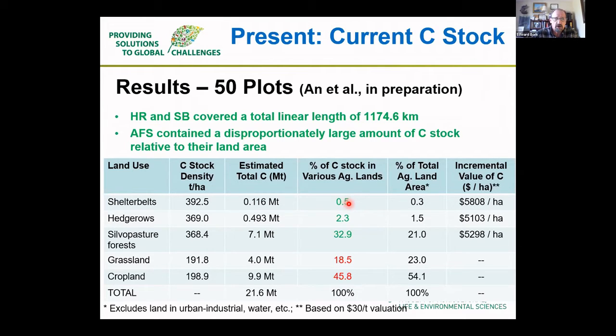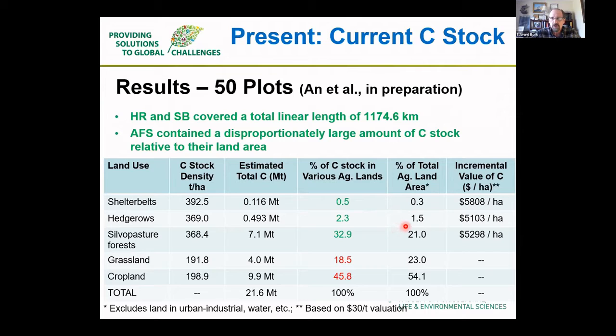So I created this table to basically just summarize. And I think the most important information in here is if you compare the percent of the total agricultural land area within those 50 plots compared to the percent of the carbon stock within the same area. So if you look at shelter belts, for example, they only represented 0.3% of the area, but they actually contained 0.5% of the total carbon stock.